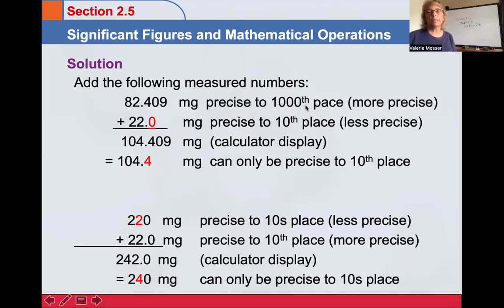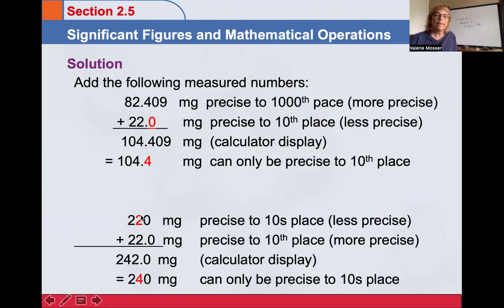It is the more precise number. 22.0 is precise to the tenths place. It is the less precise value. So the calculator gives the answer of 104.409, but our answer can only be precise to the tenths place, 104.4. We drop these last 2 digits and we don't round.